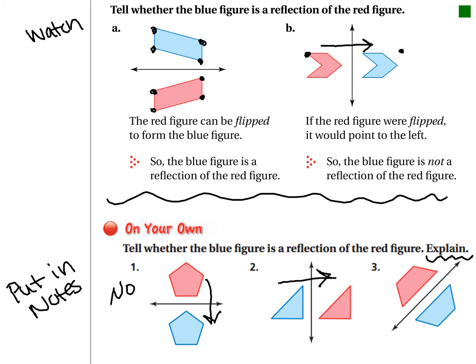Translation, it just got translated to the right. Number 3 is a yes, because it was flipped. It did get flipped for number 3. Okay, if you have any questions at this point in time, make sure you're asking them in class. I'm here to help you, whatever you need.